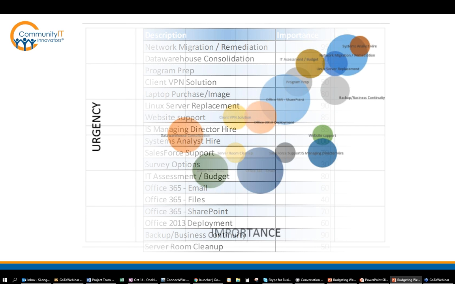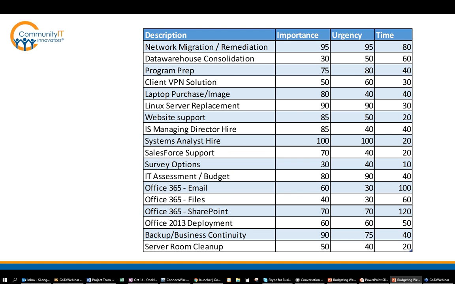He had put all the initiatives we were considering into a spreadsheet, and this is a chart that Excel generated for him. I don't think it was all that crazy; a couple of clicks in Excel did this for him. The size of the circle indicates, in his estimation, the amount of time the initiative would take.